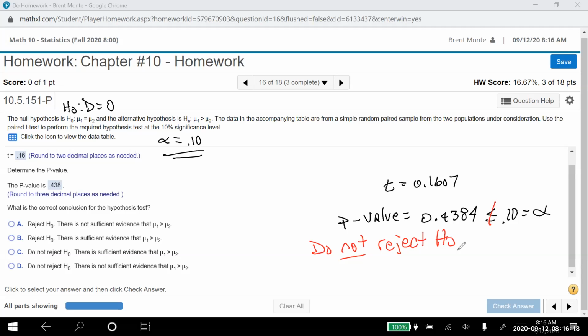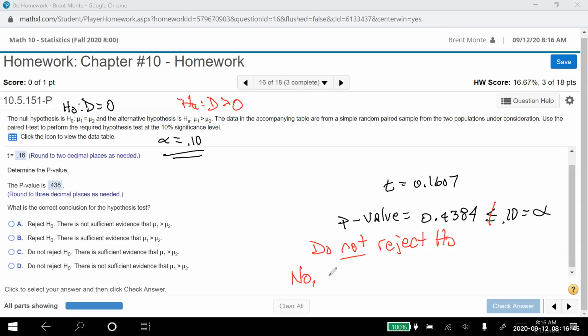The null hypothesis was that mu1 equals mu2, or that there is no difference, the difference is 0. The alternative hypothesis is the difference greater than 0. We're going to say do not reject the null hypothesis.